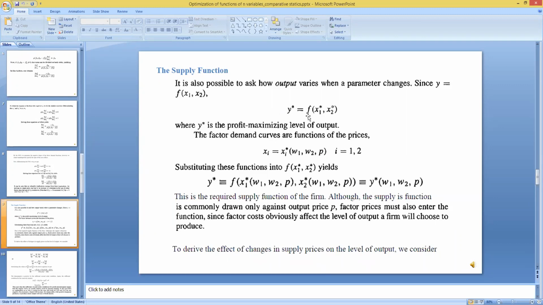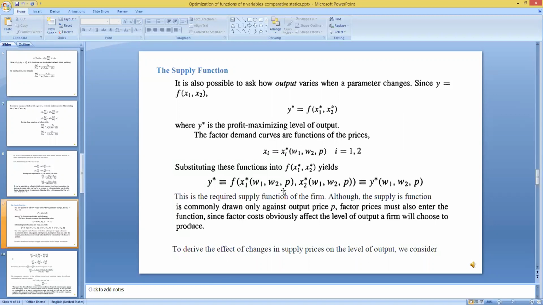So as I mentioned, this entire analysis is the comparative static result. So our starting point will be the value function. So we will start from Y star. Y star is equal to f of x1 star, x2 star. This x1 star and x2 star are functions of W1, W2, and P. So the same kind of thing we are using, just instead of considering x1 star, x2 star as such, we are considering Y star, which is a function of x1 star, x2 star.